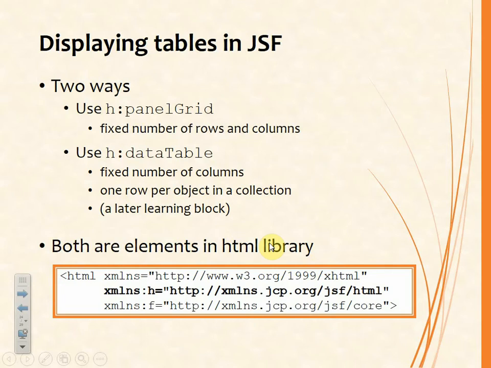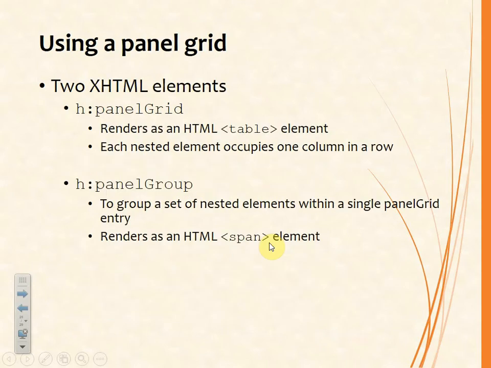Both of these elements are in the HTML library, which is in the namespace that's highlighted in bold at the bottom of the screen. When we're using a panel grid, very often we'll make use of a panel group as well. The panel grid, when it is rendered, will appear as an HTML table element. When the panel group is rendered, it will appear as an HTML span element.